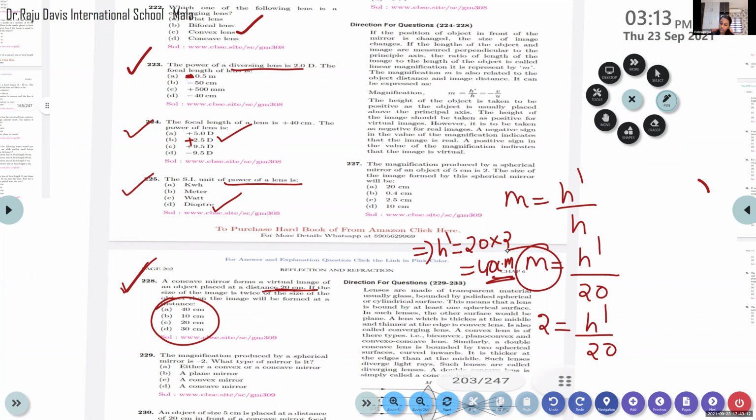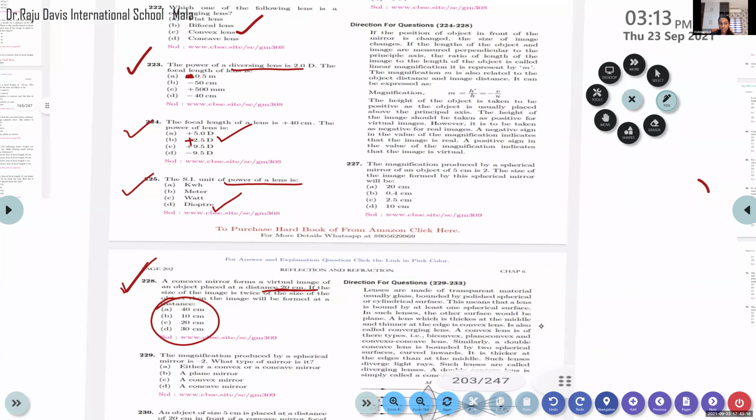We can take object distance and image distance instead of height, right? Because it is given as distance. If we take u is equal to negative 20 centimeter, what about the image distance v? It is not given, but we can find it from the equation. What about m? M is 2. Suppose we take m is equal to 2.